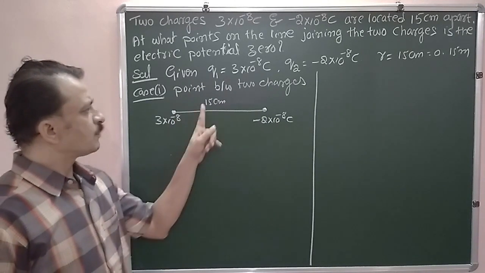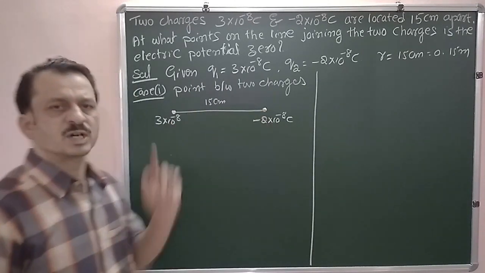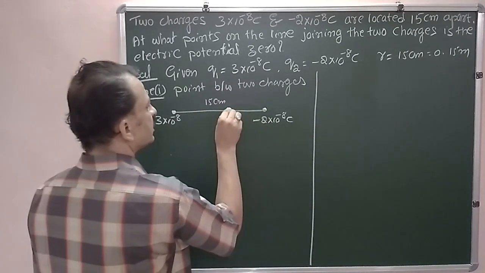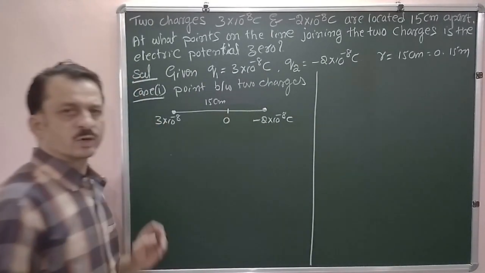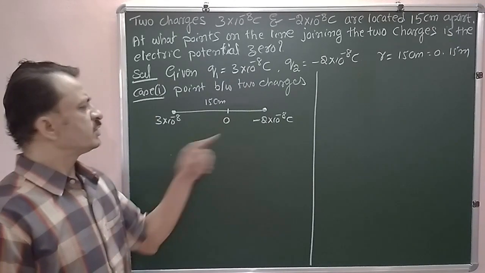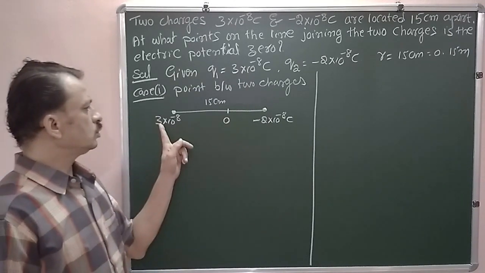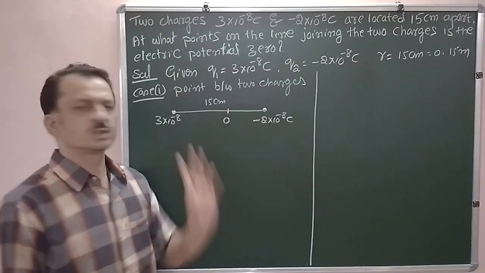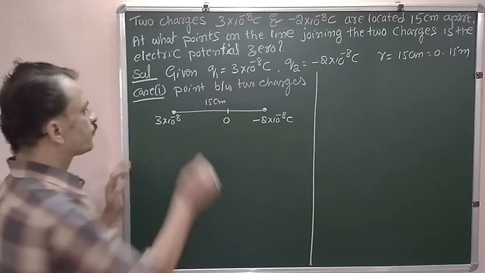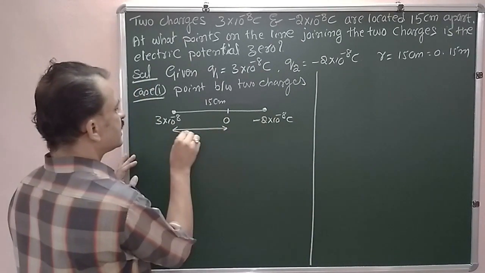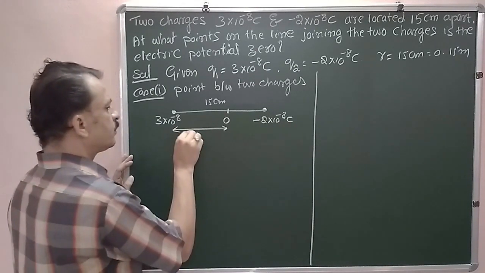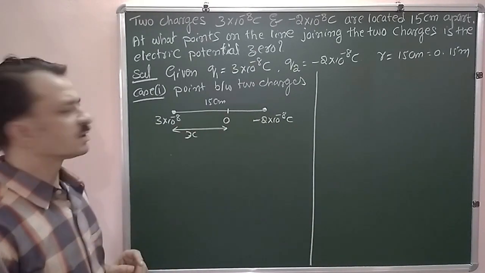Now for the first case, the point is between the two charges. Let me assume that here is some point O, at which the potential due to the positive charge and the potential due to the negative charge is 0. Now let this point be at a distance x from the positive charge.